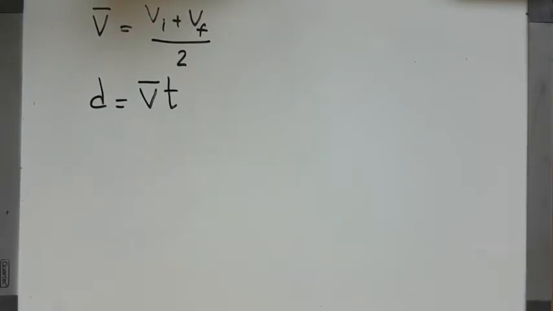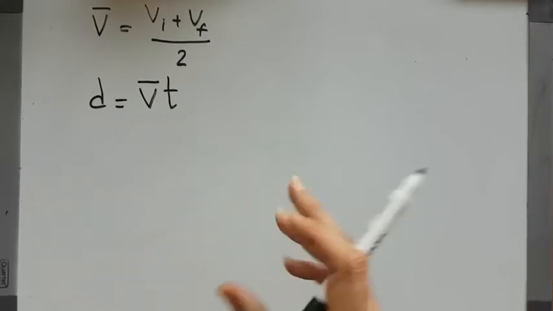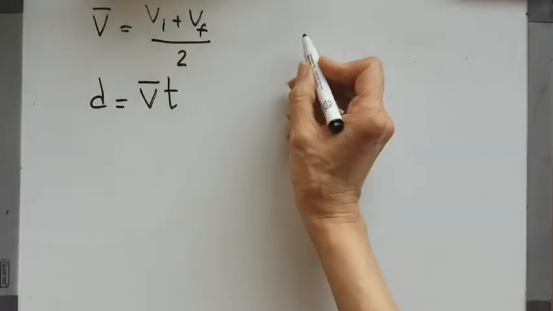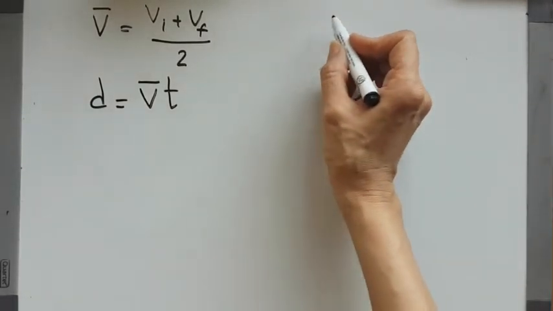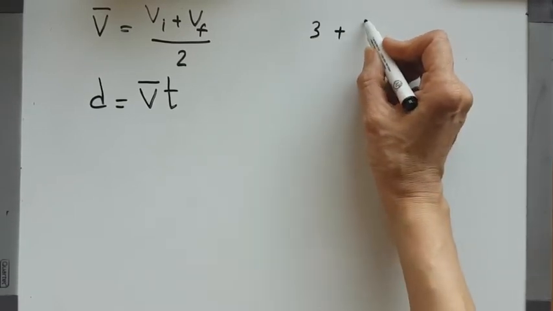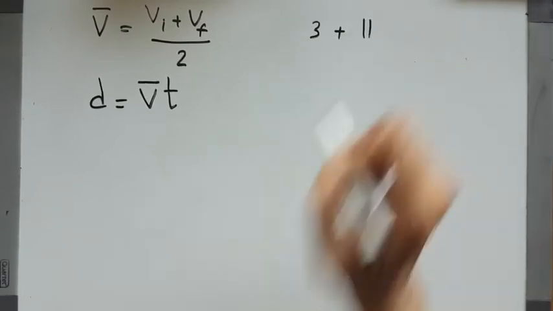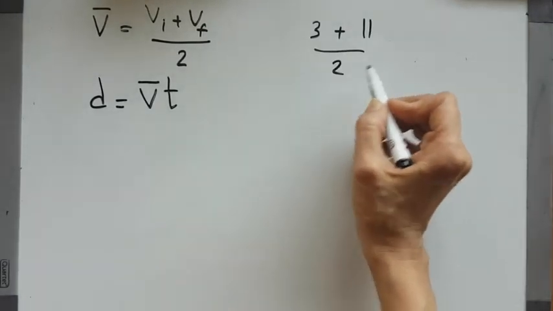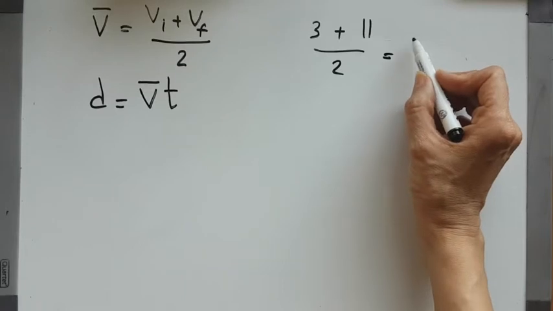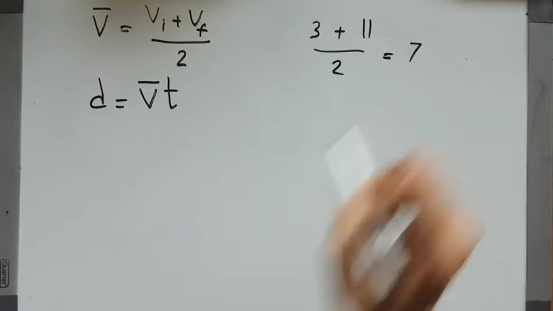So now just imagine a student gets a very low mark and a very high mark. Let's say your low mark is 3 and your high mark is 11. So the average would be 14 divided by 2, which is 7, right?